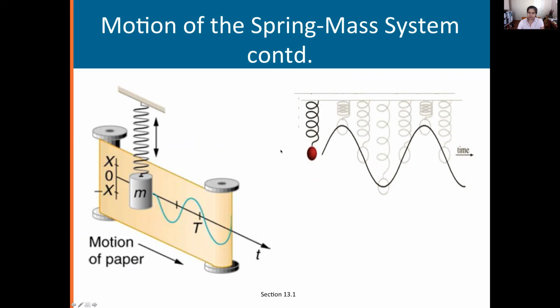The same thing can be drawn out if you attach a pen, say a green pen, to this mass on the other side, and you have a roller on which some paper is rolling at a steady rate with time. Then we see that this up-down motion gets stretched out in time because the paper is moving. So you have the up-down wave, and then it's moving forward.